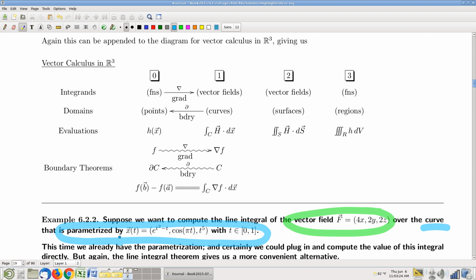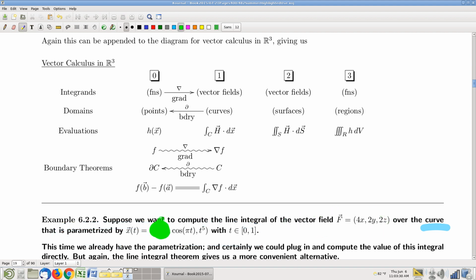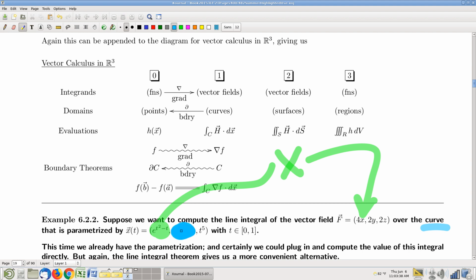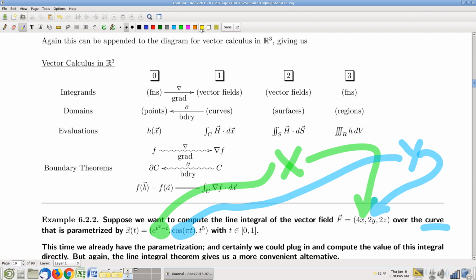And of course, in the process of doing so, don't forget that this is your x, which of course you have to plug into your vector field, and this is your y, and likewise this is your z, right?